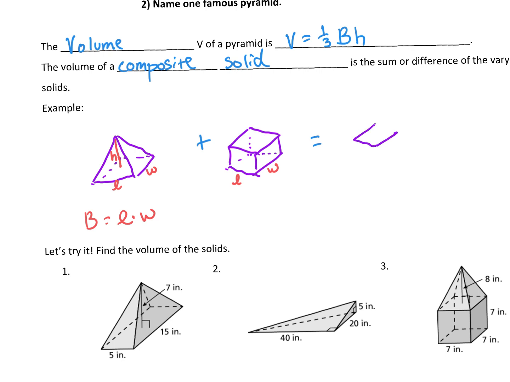So we had a house. This would be the cube and the pyramid added together. Each would have their own different formulas for volume, and then you would just add the two volumes together.